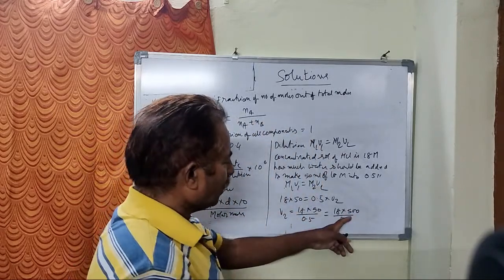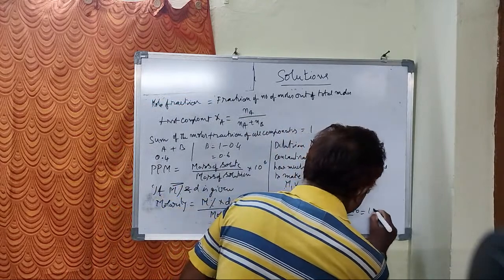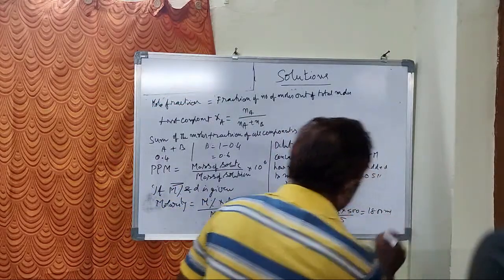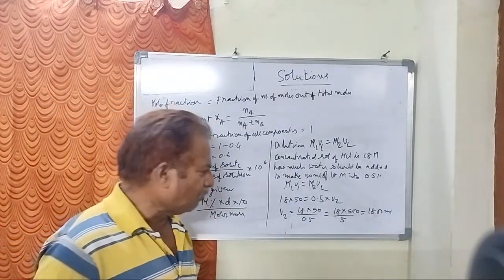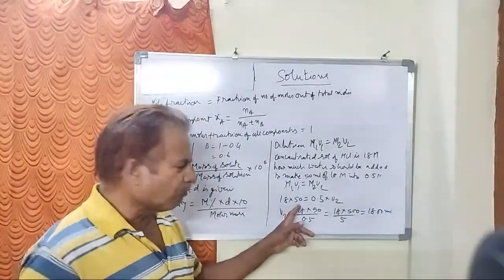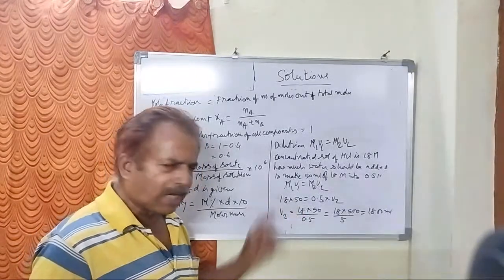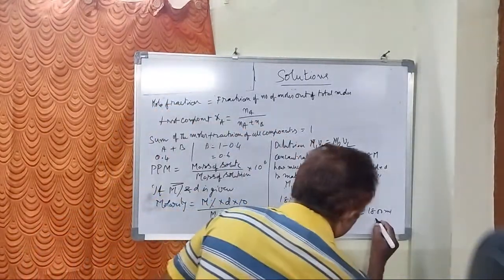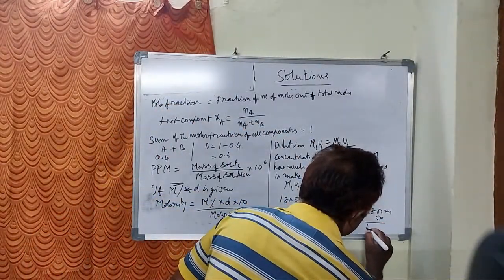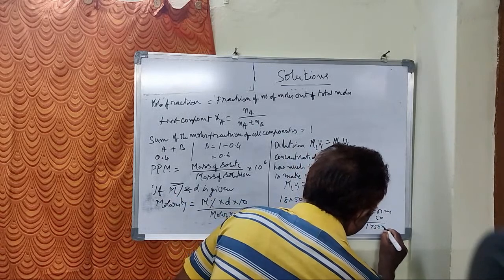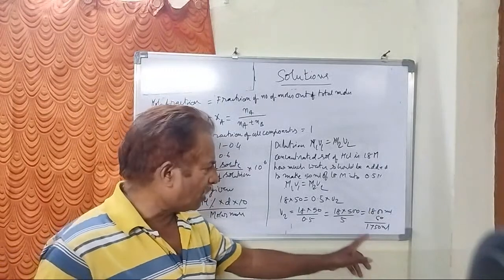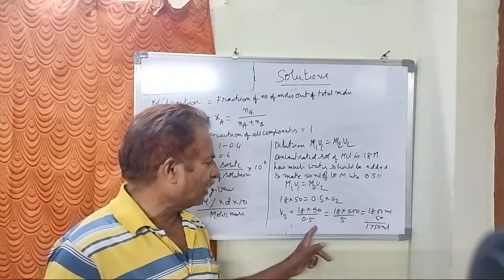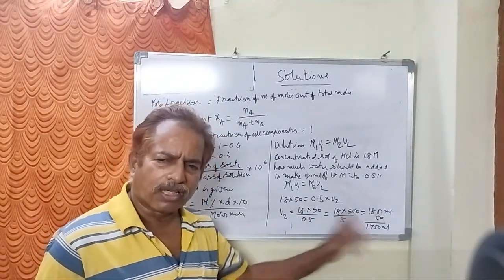This goes 100 times, therefore this is 1800 ml. See, this is not the volume of the water, because we are taking 50 ml of the acid. So you subtract 50 ml from this, therefore the answer is 1750 ml. So 1750 ml of water is added to 50 ml, then we get a 0.5 molar solution.